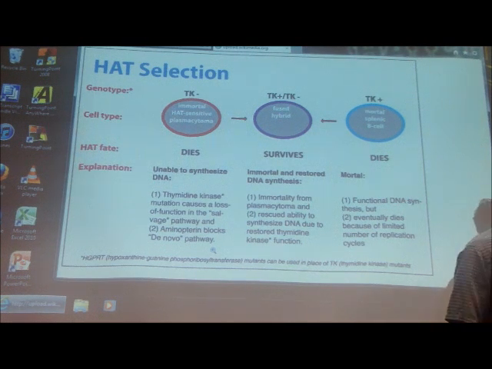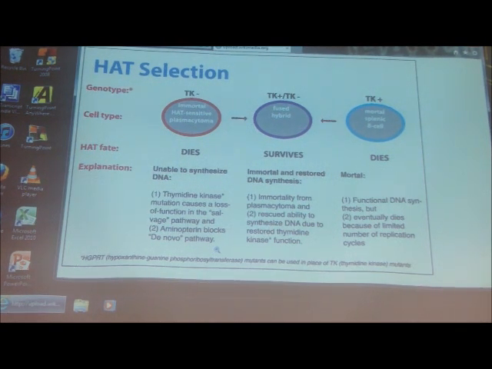So what we do is you have the aminopterin, which blocks the de novo pathway for producing any nucleotide because they share a common root. Then we have the salvage pathway, which would allow you to make A's and G's. And you can make it from hypoxanthine.